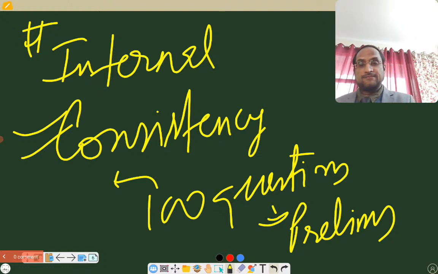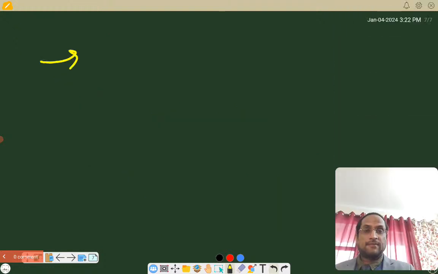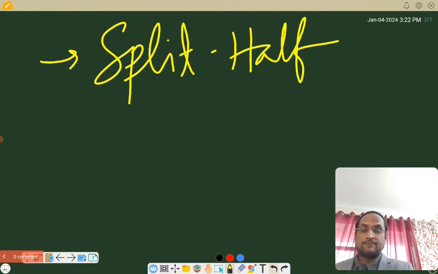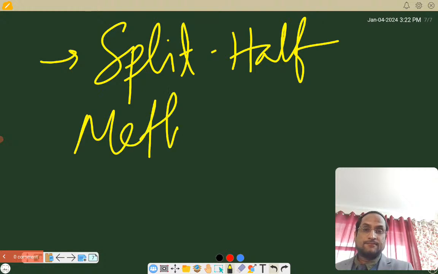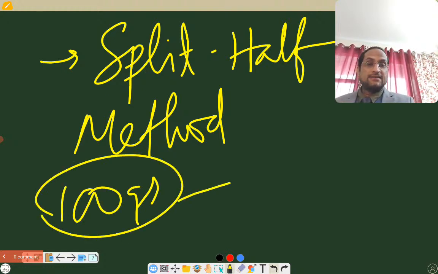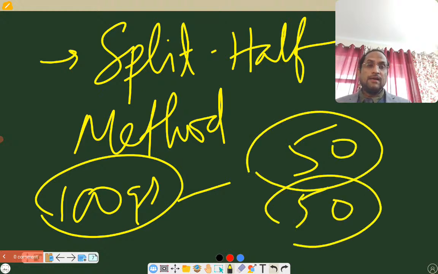One of them is this split half method. What is the meaning of split half? There is a test of 100 questions. So this test is divided into two parts, 50 questions each. These two parts should be able to correlate with each other.